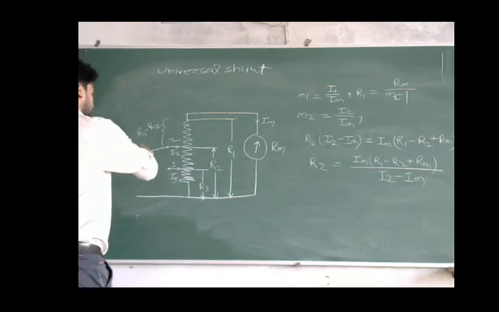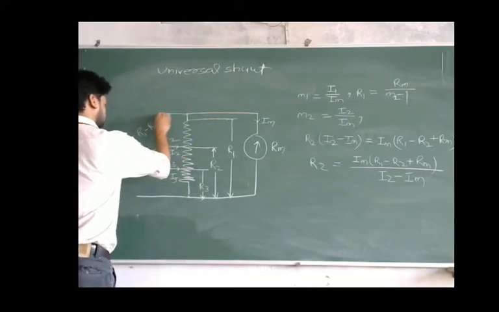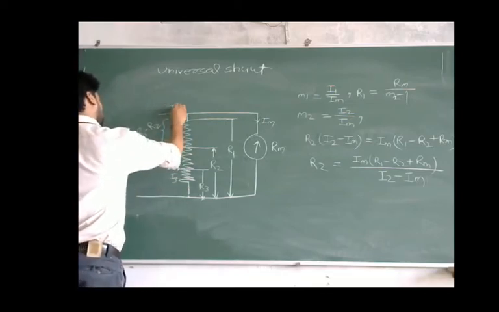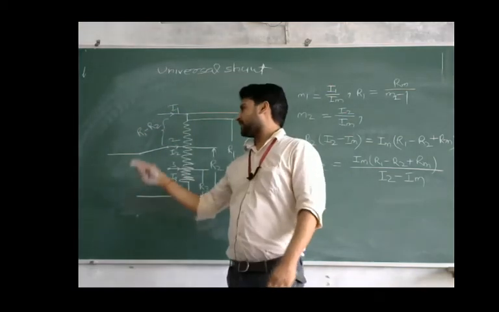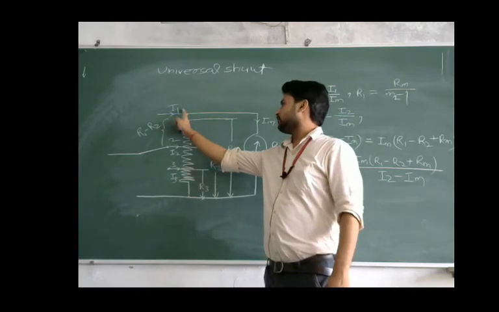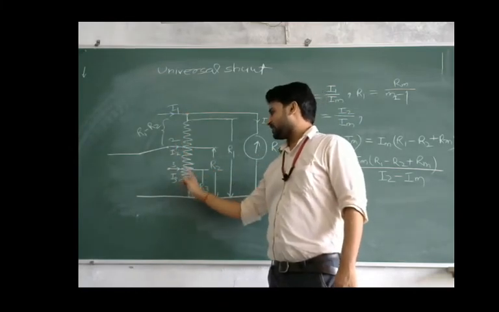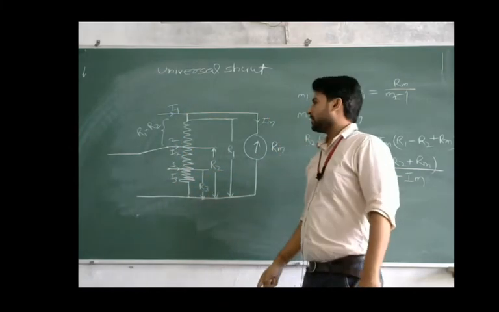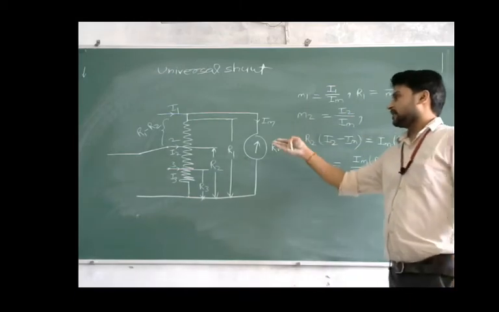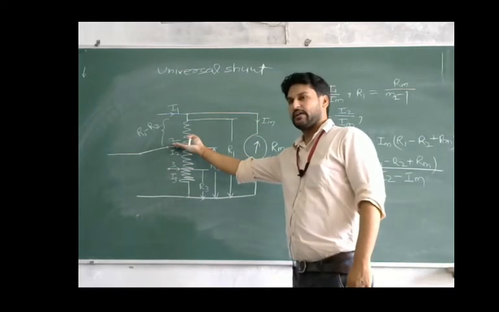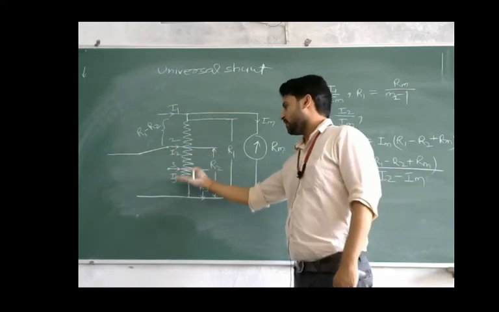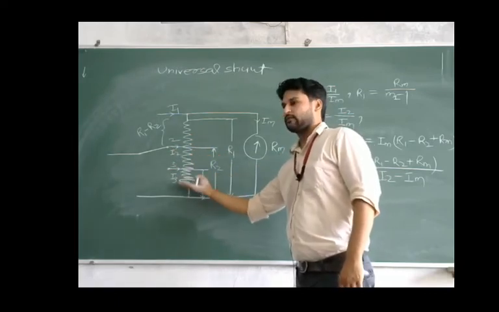When the switch is connected to position 1, the maximum current that can be measured is I1. So by selecting the three different positions 1, 2 and 3, we can find different ranges of current: I1 when connected to position 1, I2 when connected to position 2, I3 when connected to position 3.